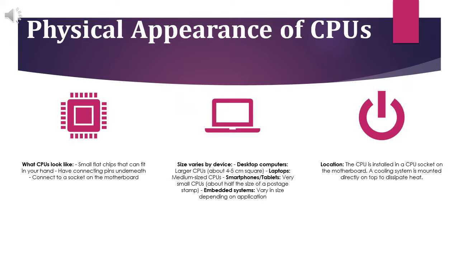As for their location, the CPU is always installed in a specific socket on the motherboard. Because these chips get very hot while working, a cooling system is mounted directly on top to keep the temperature safe.